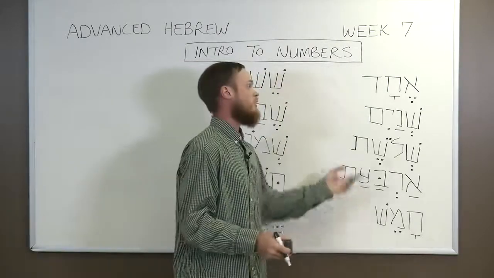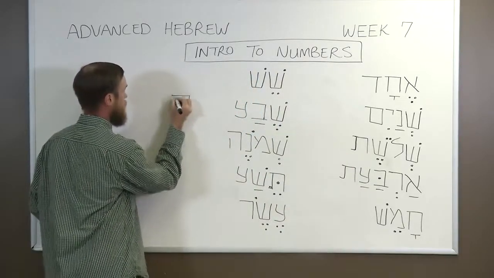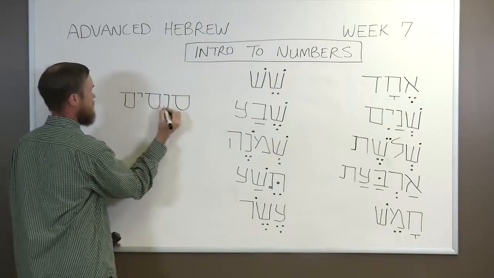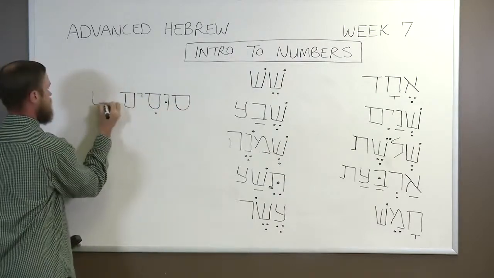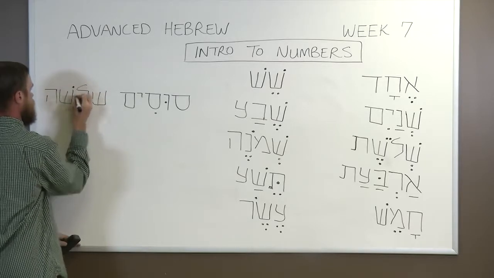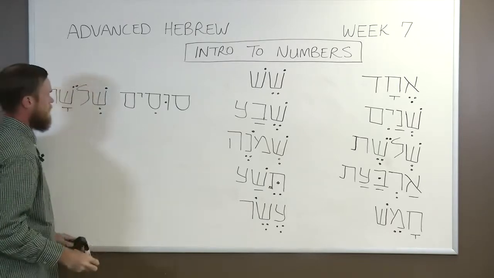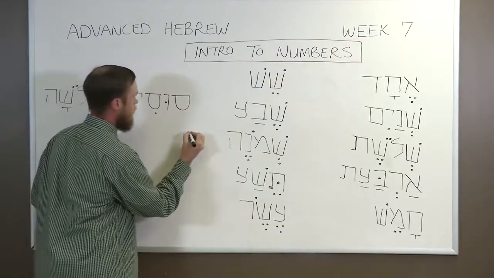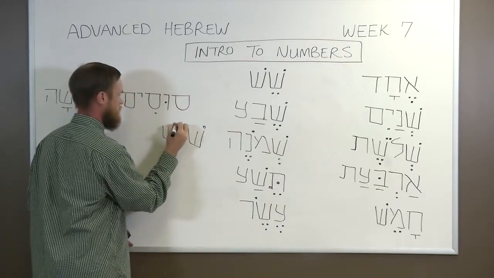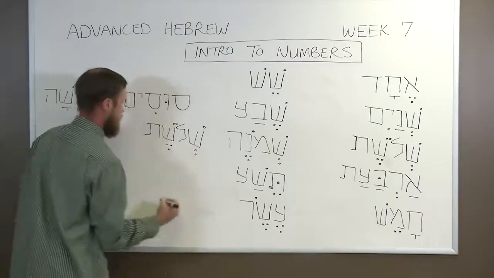So if we were to say 3 horses, we could say susim shalosha, because sus is masculine. Okay, susim shalosha, 3 horses, or in the construct state, shaloshet susim.